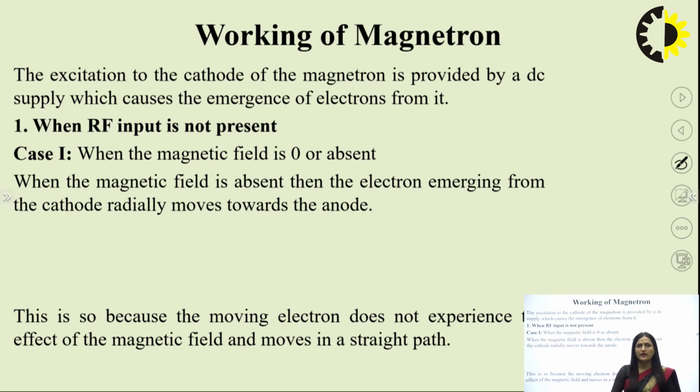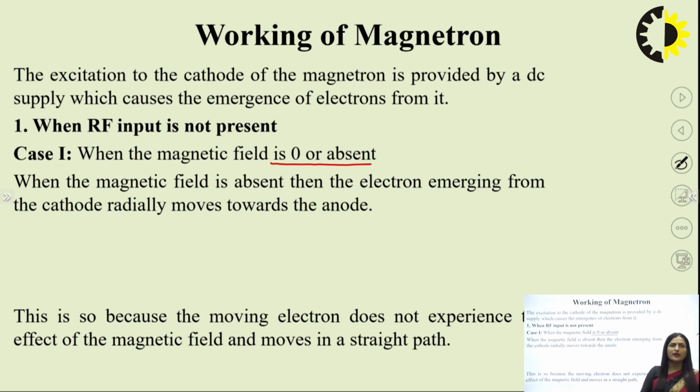So there are two cases. One case when RF input is not present. Second case when RF input is present. First we will discuss when no RF input is present. It means we are not giving any external RF signal to amplify. When RF input is not present, there will be 4 cases. Case number 1, when the magnetic field is 0 or absent.